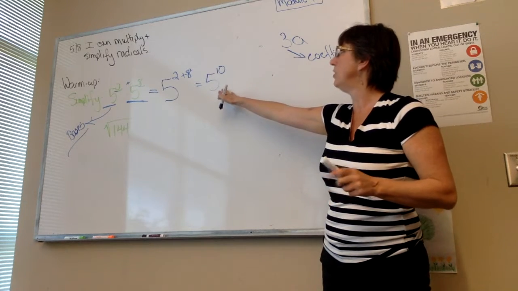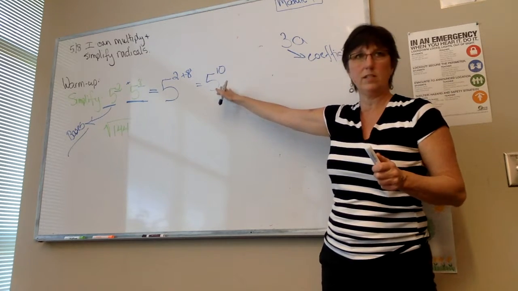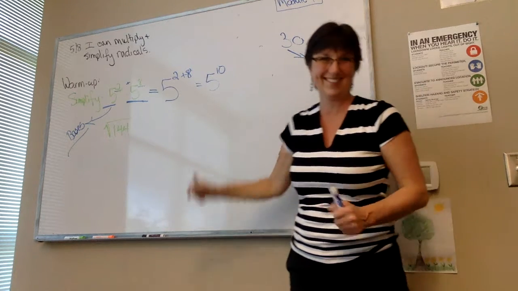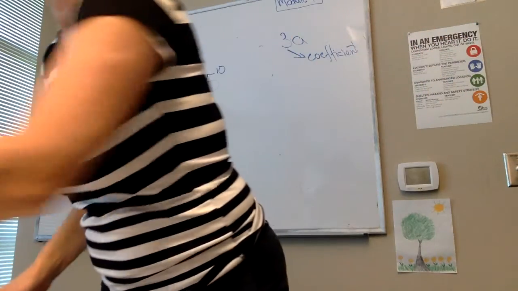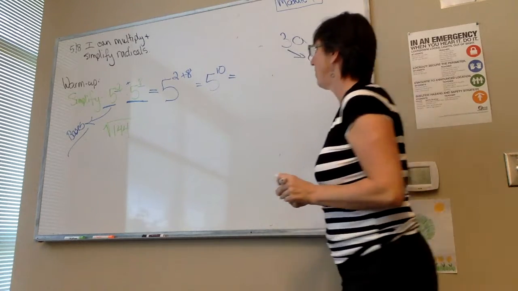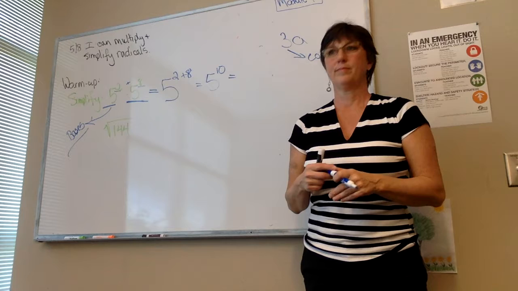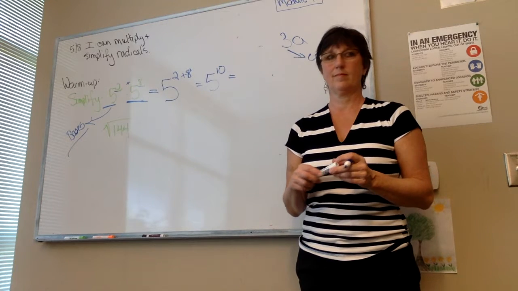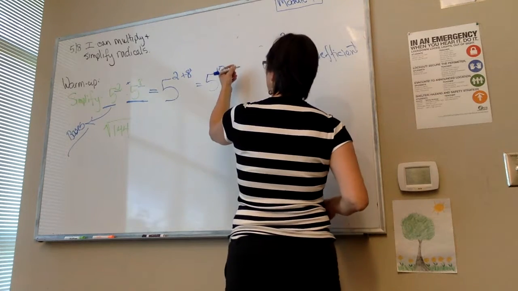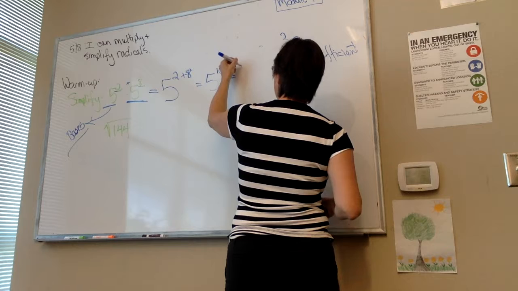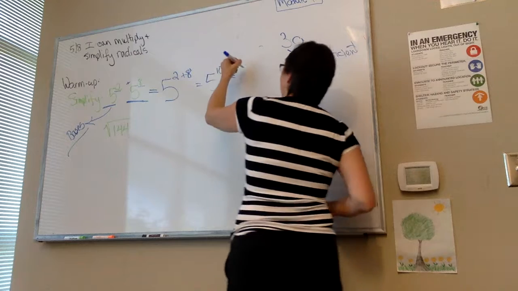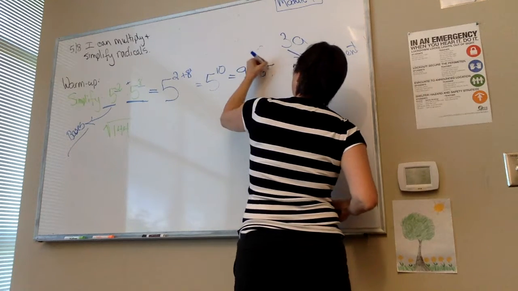If we were to completely solve this, not simplify, but solve, what is 5 to the power of 10? You may use your calculators. A lot of numbers. Okay. Read them out. 9, 7, 6, 5, 6, 2, 5.